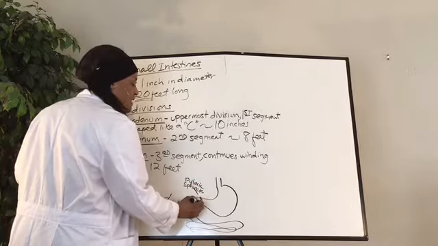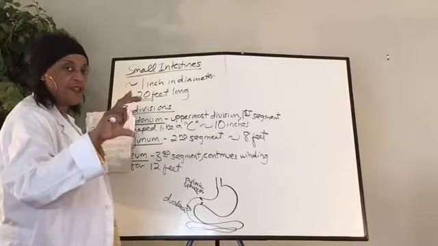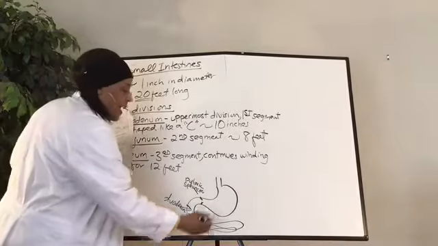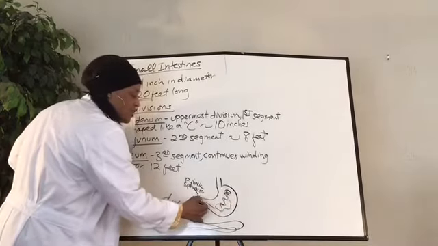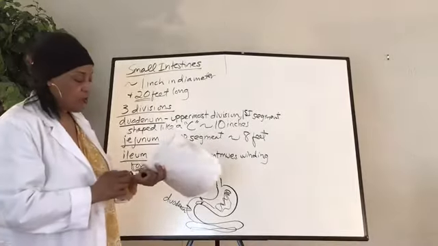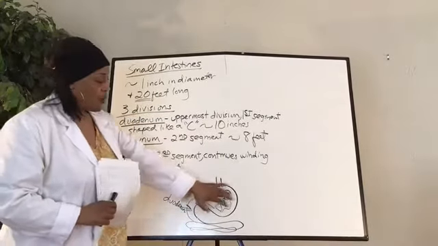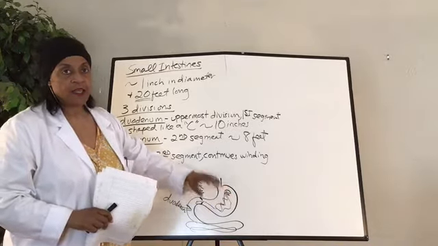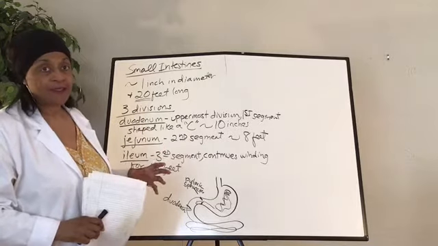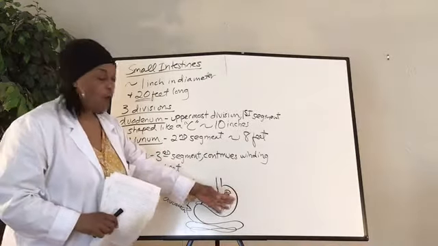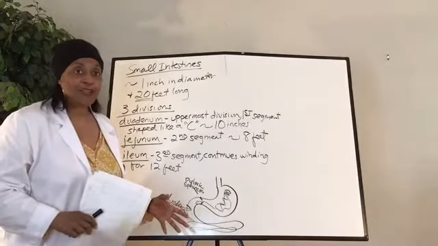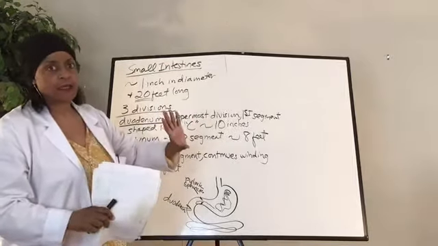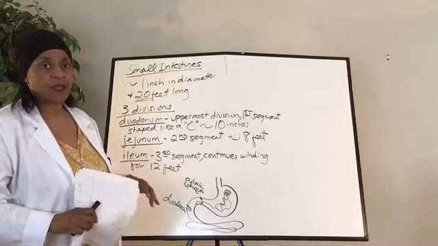I wanted you to realize that this pyloric sphincter opens and closes intermittently about every 10 to 15 seconds to allow all the contents from the stomach to slowly go into this small duodenum. Now remember, how much can the stomach hold? Correct. 1 to 1.5 liters of contents. We would not want all that content rushing into the duodenum all at one time. You see the duodenum is very short. It's less than a foot. So if all that just rushed in, it would just be overwhelming, right?